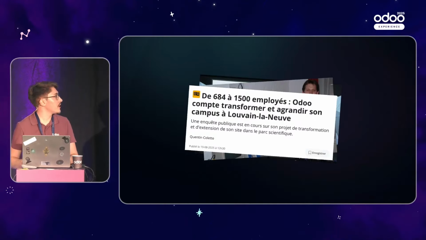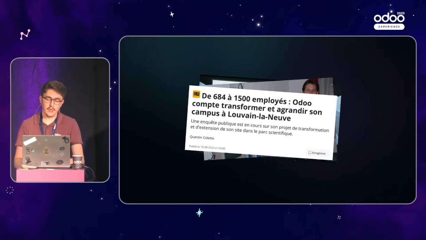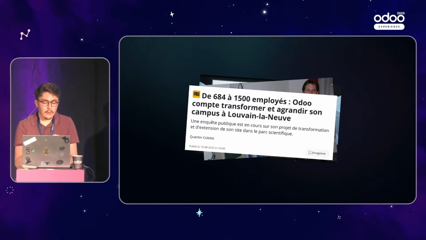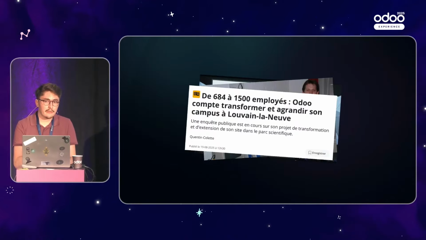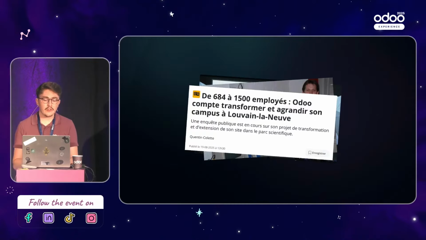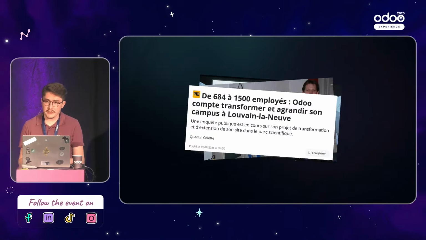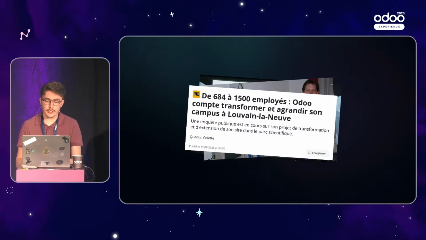As you can see, we plan to go from 600 to 1,500, which is quite huge. And so what I want to tell you here is that what you can apply with 5 or 6 employees cannot be applied with 100 or 1,000. You need to set up workflows, you need to set up good practices, you need to define how you want to approach things to ensure that your project will be scalable.